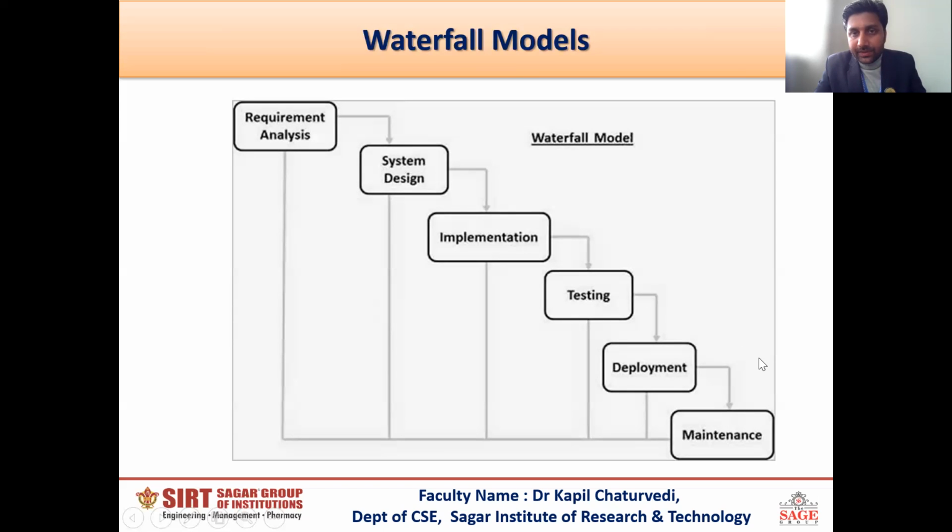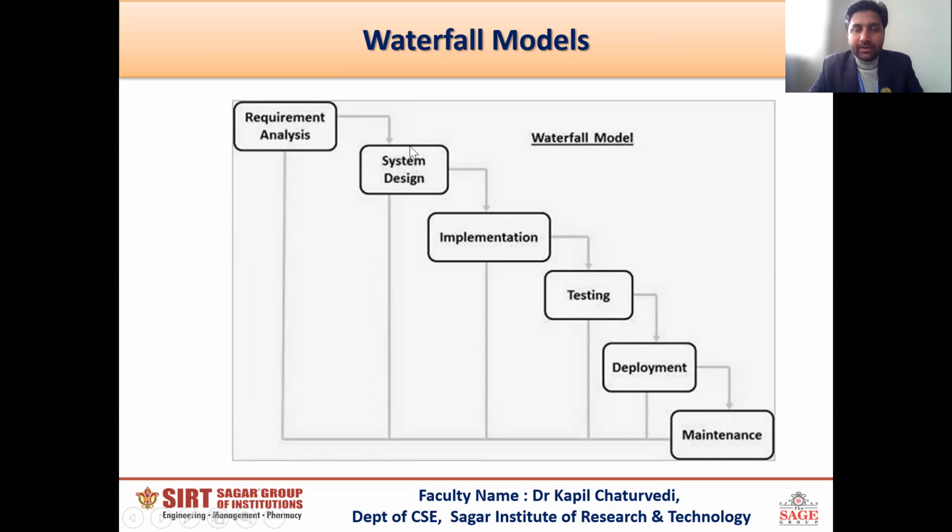The name of that model is waterfall, so the functioning is also as per a waterfall. The fundamental feature of a waterfall is that water always goes from top to down, and once the water comes down, it will never go back up. Similarly, first of all we have to complete the requirement analysis phase.